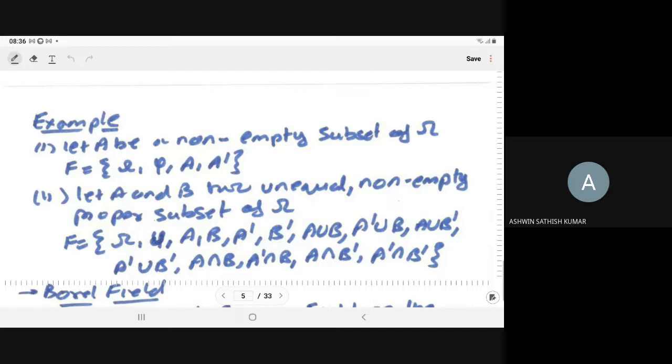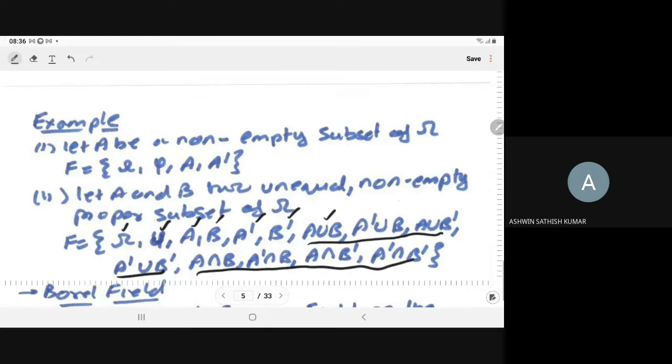If we have two events, let A and B be two unequal non-empty proper subsets of omega. Then the sigma field must contain the certain event, the impossible event, the events A and B, their complements, all kinds of unions, and all kinds of intersections.